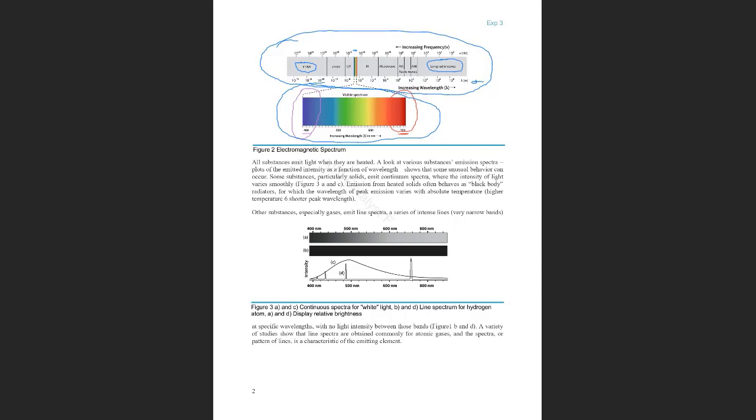And when we consider this is all the wave nature of the light, when we consider the particle nature of the light, we will learn that short wavelength light has a greater energy than the long wavelength light.